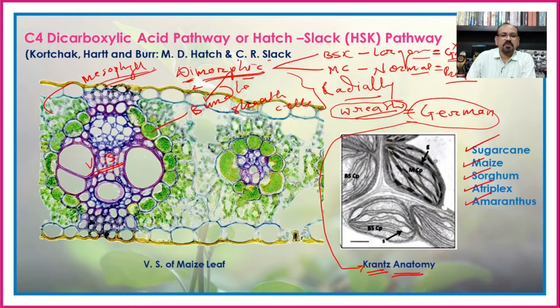So such a type of the dimorphic type of the chloroplast are present in the C4 plants. So this is one of the identification characteristics or the feature of the C4 plants.